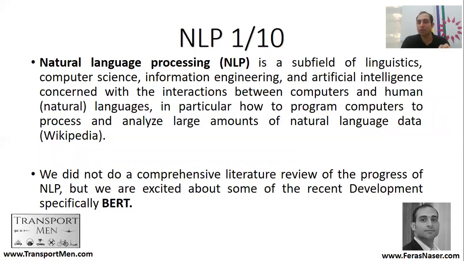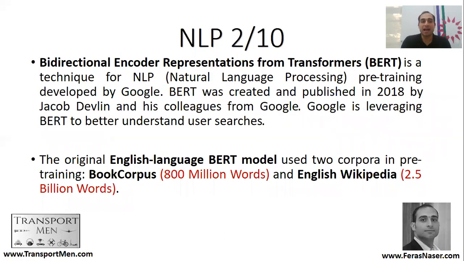I did not go through a comprehensive literature review of the latest advancement of natural language processing, but there is a new model that is called BERT. BERT is an acronym for Bidirectional Encoder Representations from Transformers. Not to be bothered much about that, but what you really need to know is that BERT is a state-of-the-art model that has achieved outstanding results.